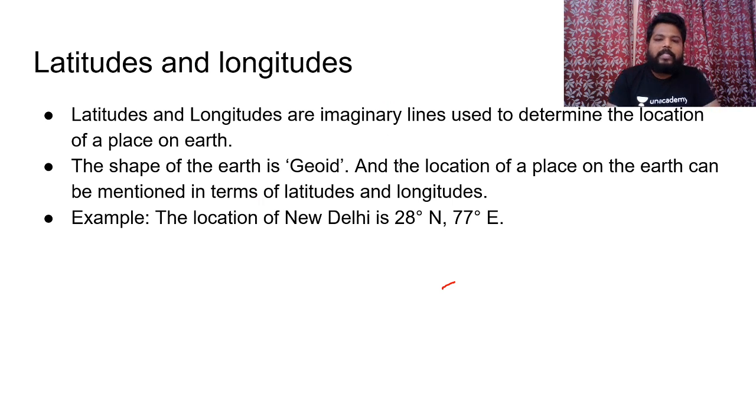This is a basic definition which every aspirant has to remember: latitudes and longitudes are imaginary lines. Do remember that they are not drawn with pencil, pen or highlighter. It's just an imaginary line which is used to determine the location of a place on earth. For example, if you want to locate New Delhi on the globe, how would you locate it?